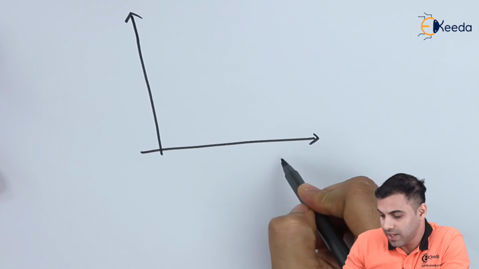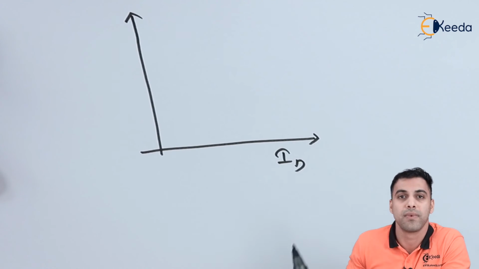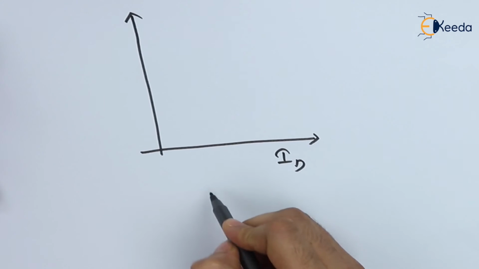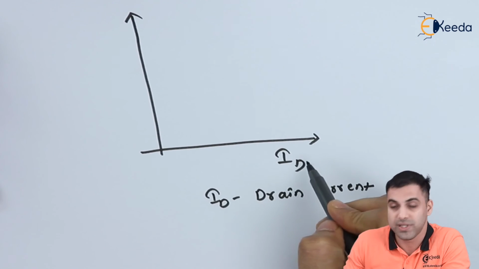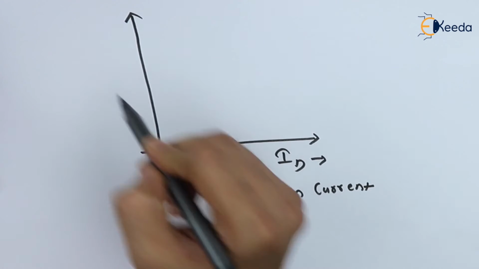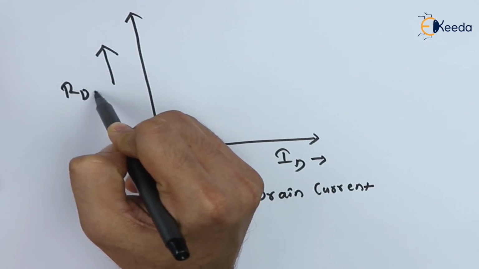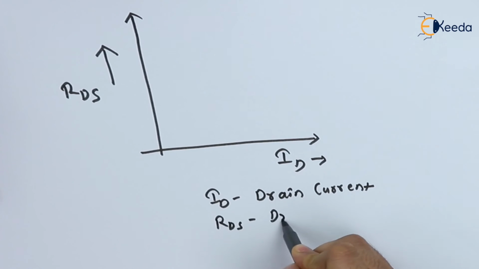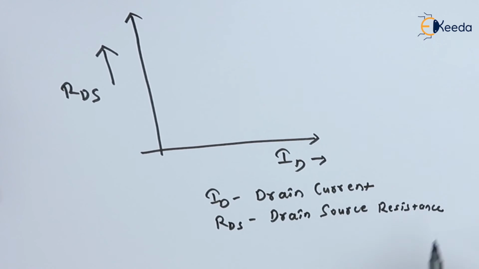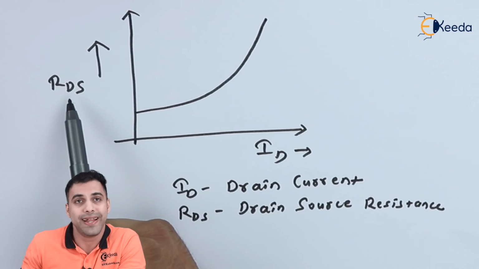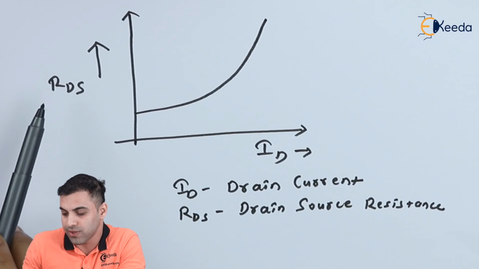So let's say friends, ID is the drain current, which I am taking on the x-axis. So friends, RDS is the drain source resistance.